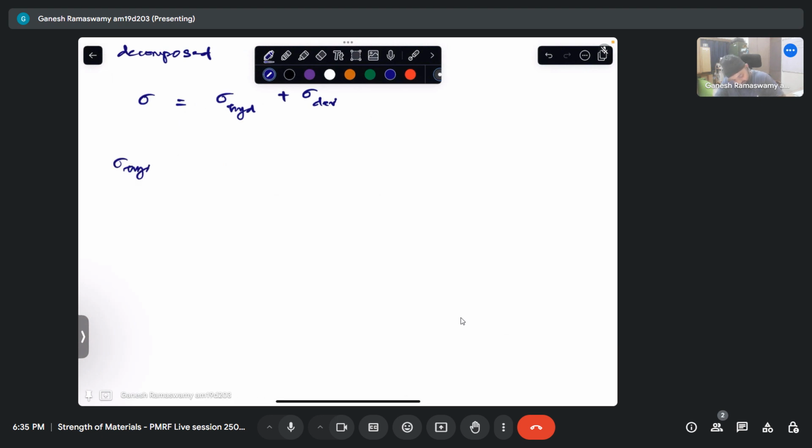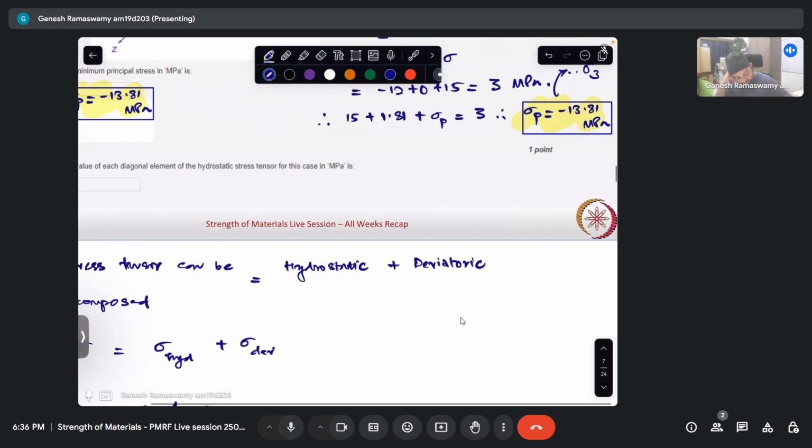Sigma hydrostatic, we know it is I1 by 3 into I. This is a notation for the identity matrix, which has all the diagonals as 1. So therefore, I1 is 3 MPa already. So I1 by 3 is 1 MPa.